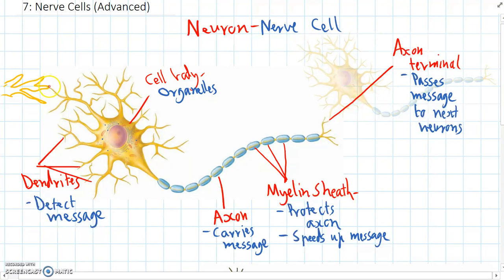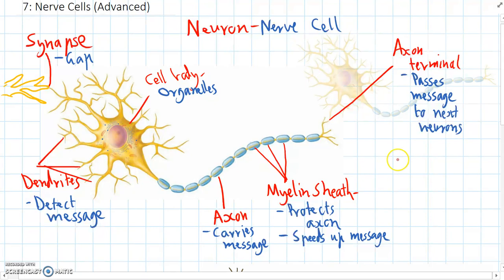The first thing is in the gap here between one neuron and the next. Remember that neurons are in long chains and they pass the message from one neuron to the next. In that little gap between the neurons, there's a small space, and we call that the synapse. So it's just a tiny gap between the two neurons.